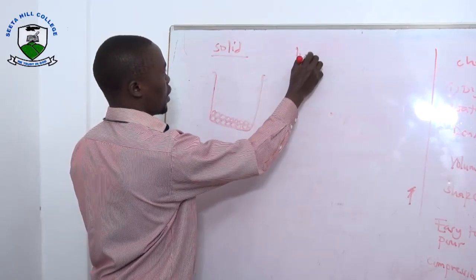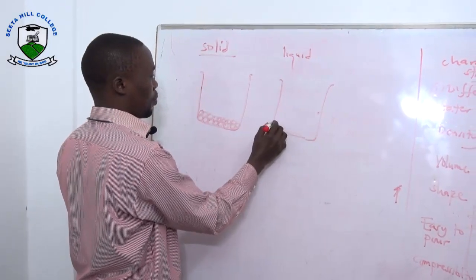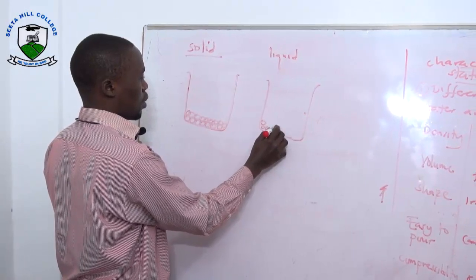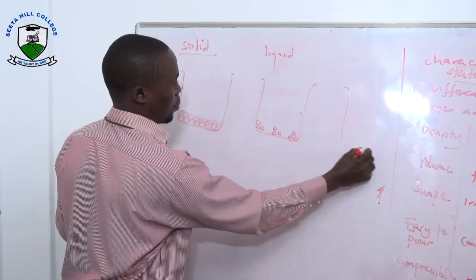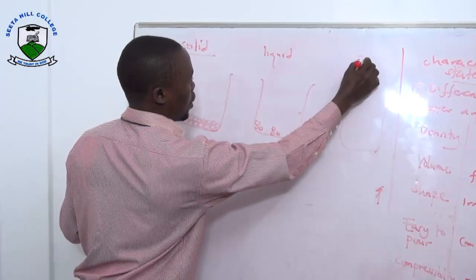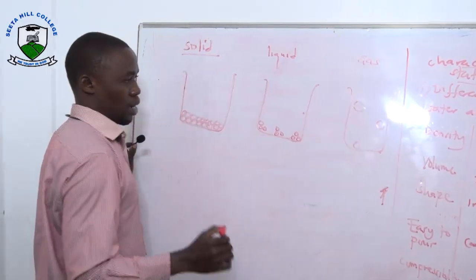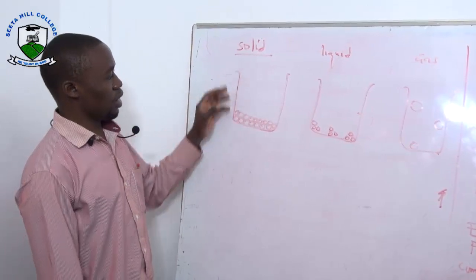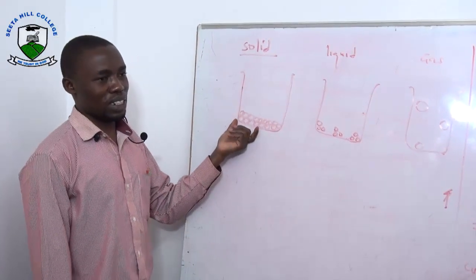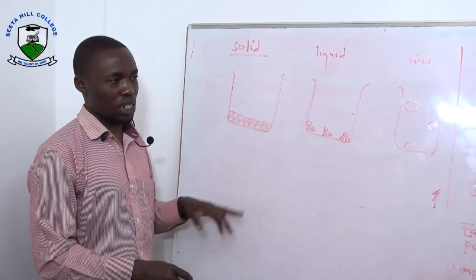Then a liquid, in a liquid, then in a gas, yeah. Now, what made the solid resistant to compression is that its particles could not allow space between them.